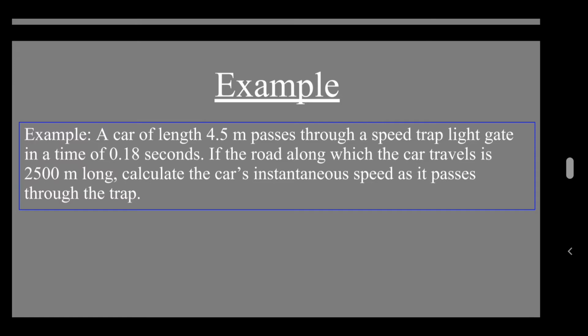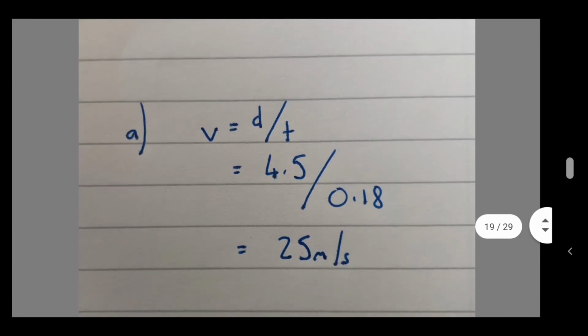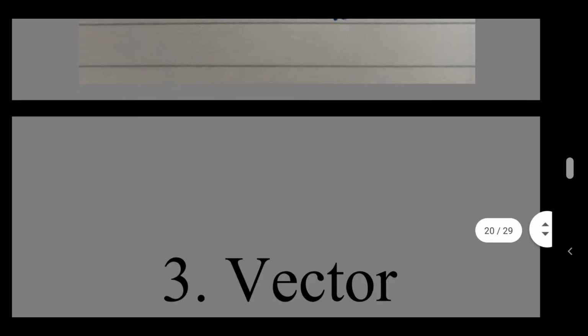So the two values are the length of the car, which is 4.5 metres, divided by 0.18 seconds, which gives us 25 metres per second. So that is the instantaneous speed at that moment in time. Okay, so hopefully that makes sense. Basically, memorise those experimental procedures and you should be absolutely fine.